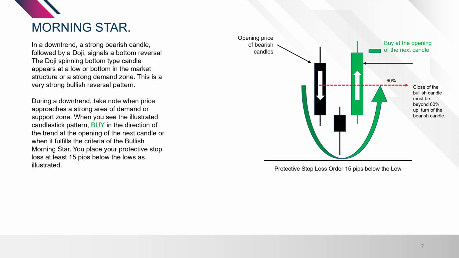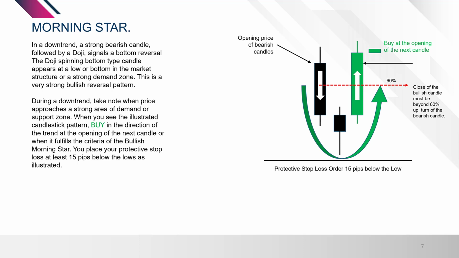The doji spinning bottom type candle appears at a low or bottom in the market structure or a strong demand zone. This is a very strong bullish reversal pattern. So a morning star is also referred to as a doji spinning bottom type of candle.